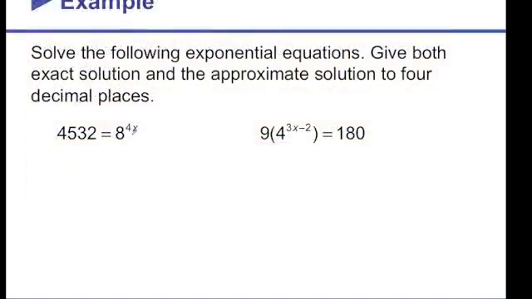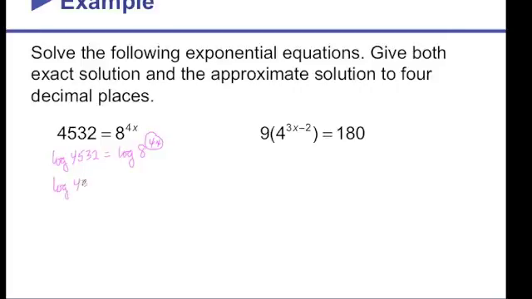We have a base raised to an exponent equal to a number. So I'm going to take the log of both sides. I'm going to take the log of 4,532. That will equal the log of 8 to the 4x. But this is an exponent, so it can move out to the front.